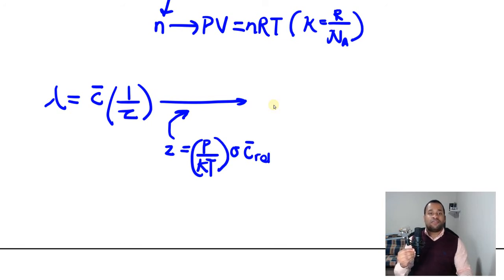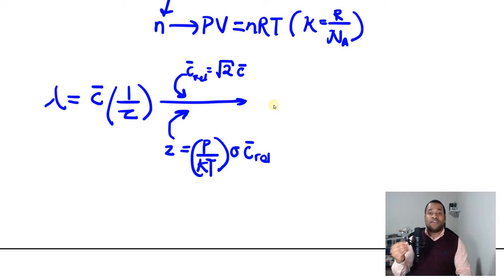This relative mean speed is expressed as the following, which is square root 2 multiplied by our mean speed. Therefore, when we put these two equations here in this particular equation, we'll be able to determine our new expression, which is the mean free path.